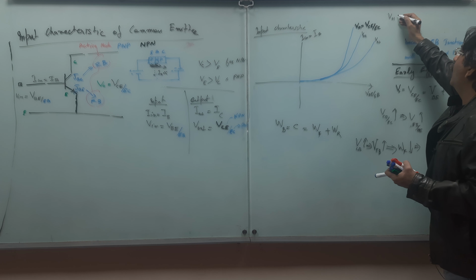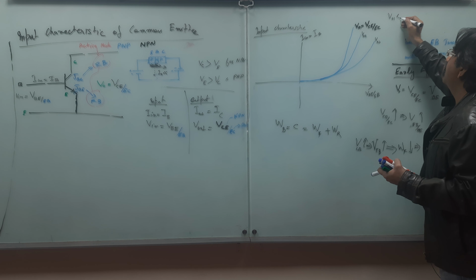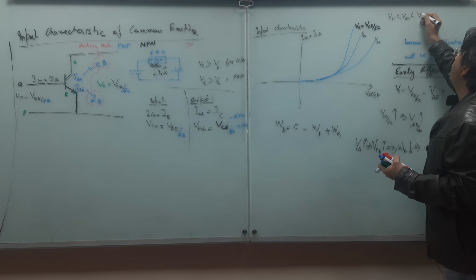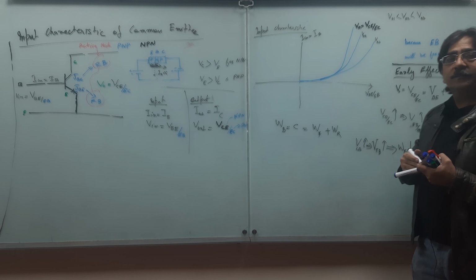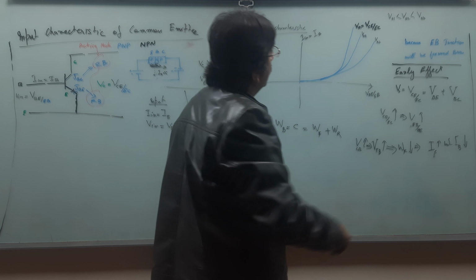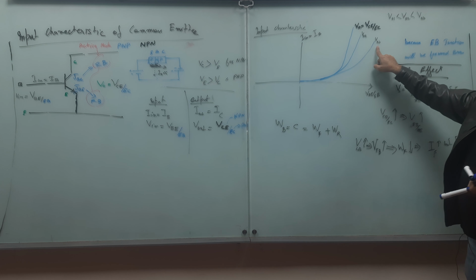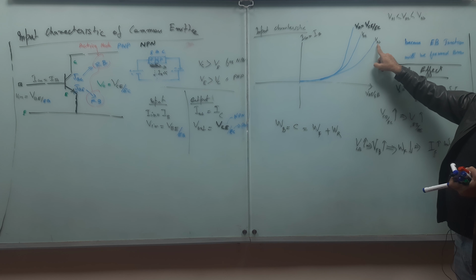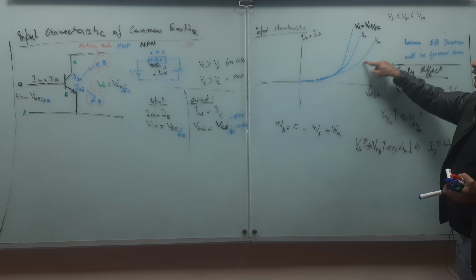So VO1 will be less than VO2 and VO3. VO3 is larger. When we increase the output voltage, then the current will be decreasing.